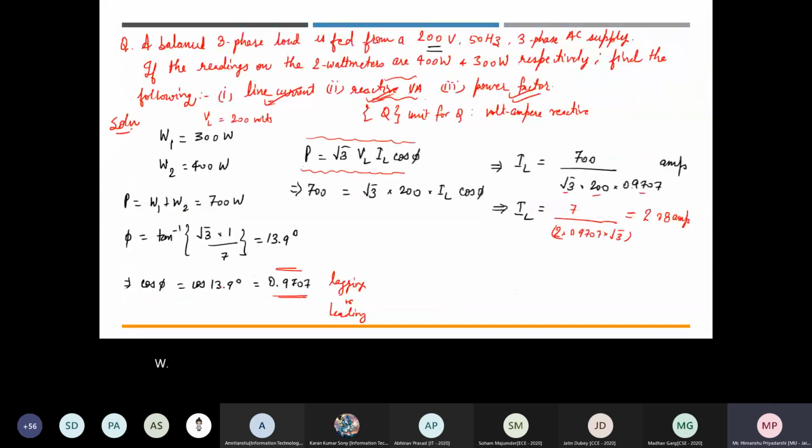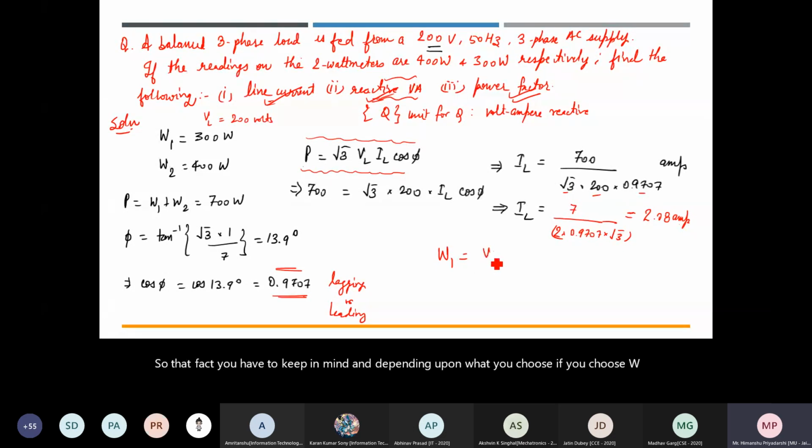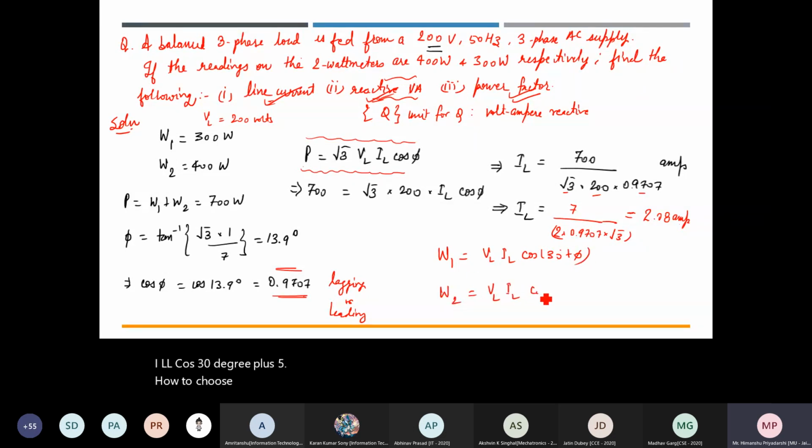Okay. So that fact you have to keep in mind, and depending upon what you choose, if you choose W1 as VL IL cos (30 degree plus phi), and you choose W2 as VL IL cos (30 degree minus phi), then you have to assign proper numerical value depending upon your assumption.